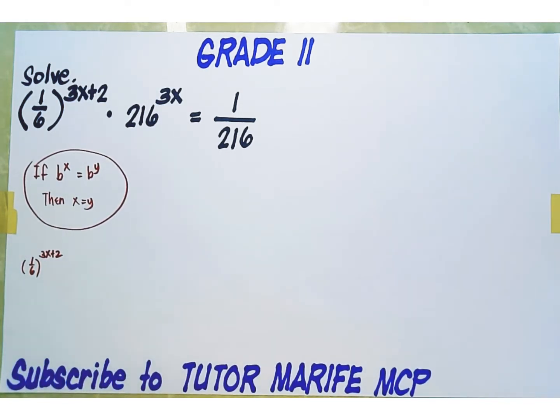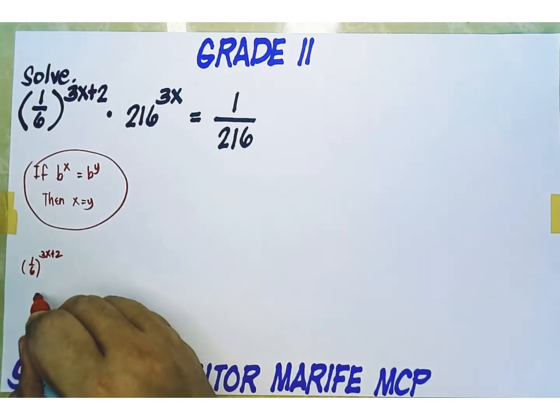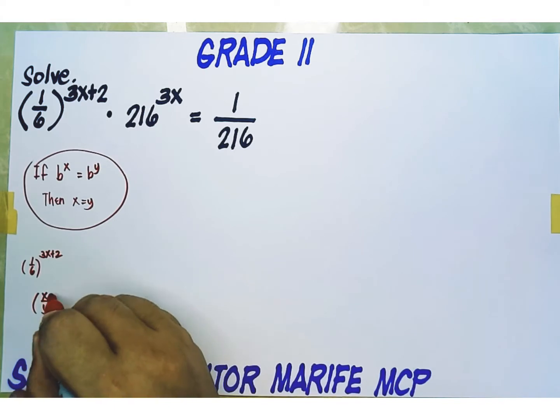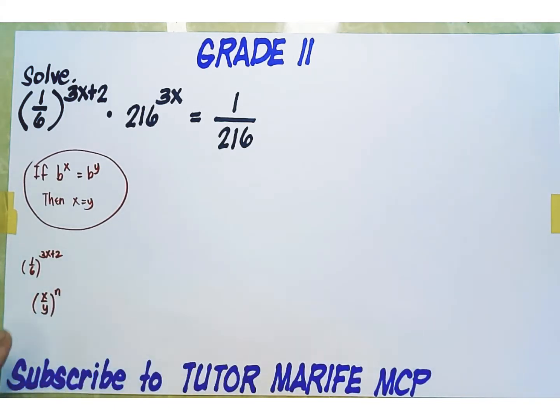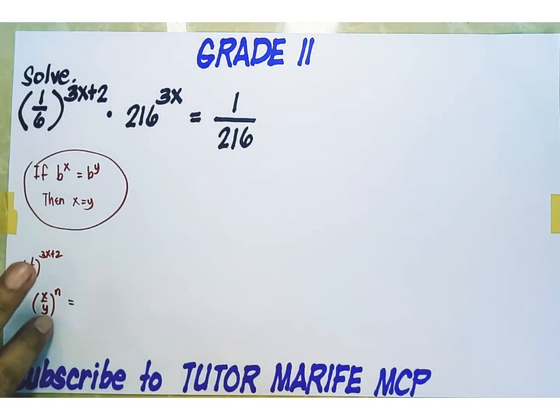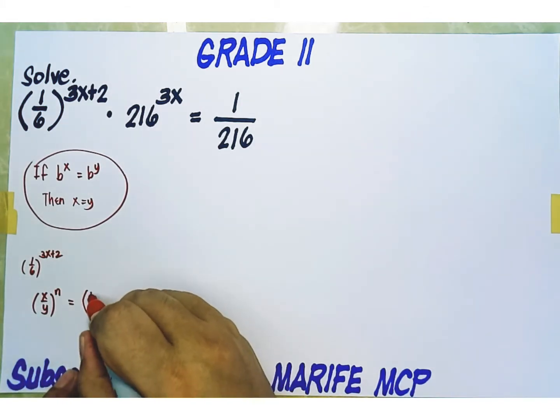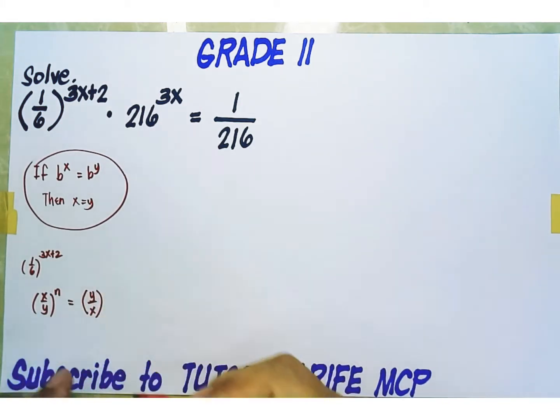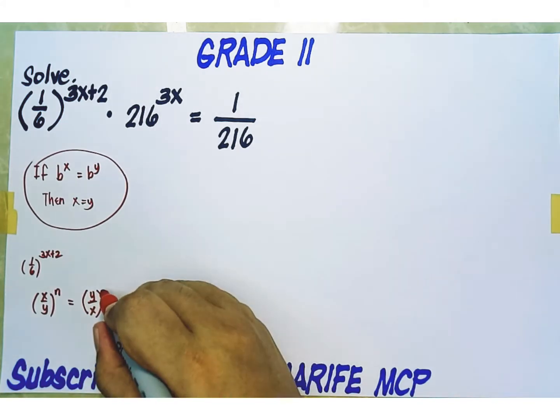Let's review the basic exponent property. If we have a fractional base raised to an exponent n, this is also equal to the reciprocal of the fractional base raised to the opposite of the exponent.